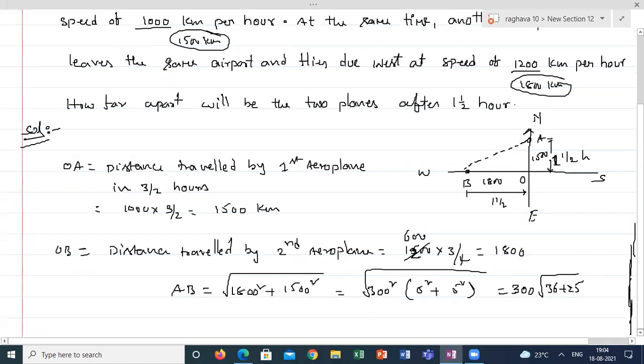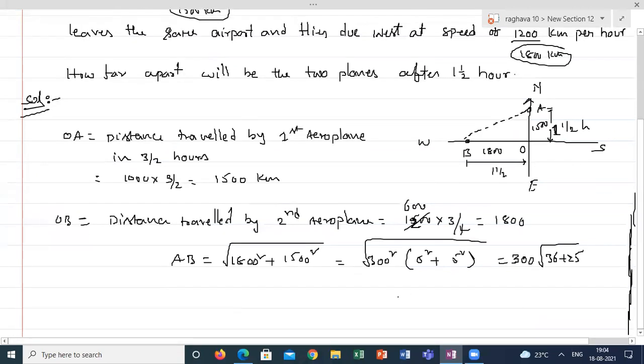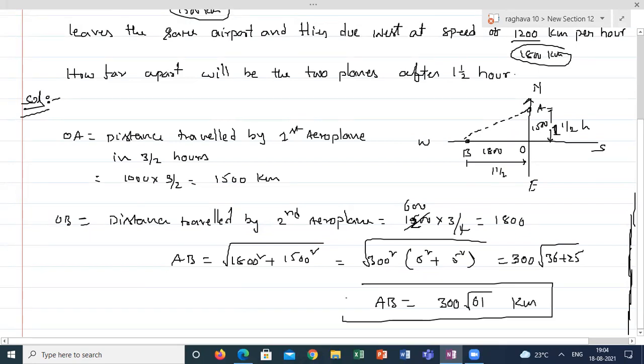So the answer is after 1.5 hours, the distance between both the planes is 300 root 61 kilometers. This is how I can find the distance between the two planes after 1.5 hours.